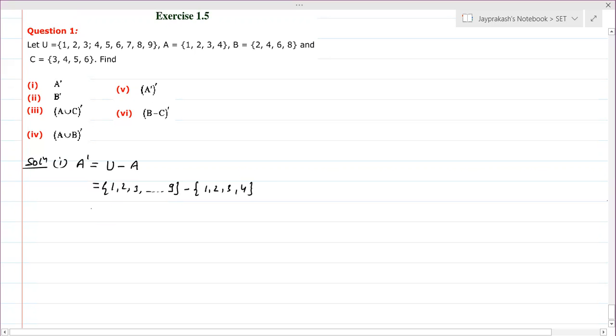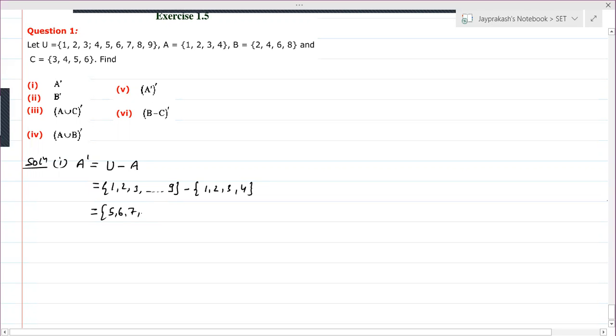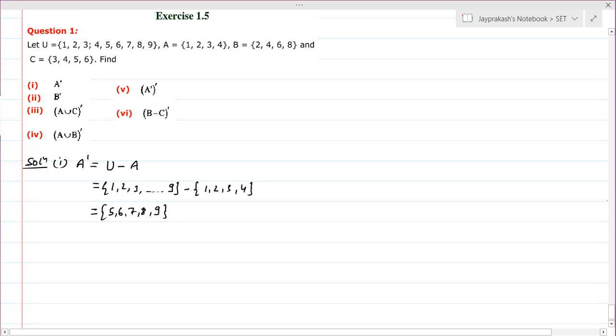So when we remove the elements of A from U, we are left with the elements 5 to 9. This is the complement of A, your answer.